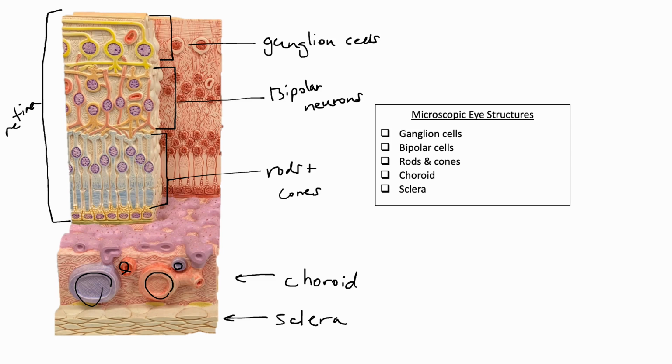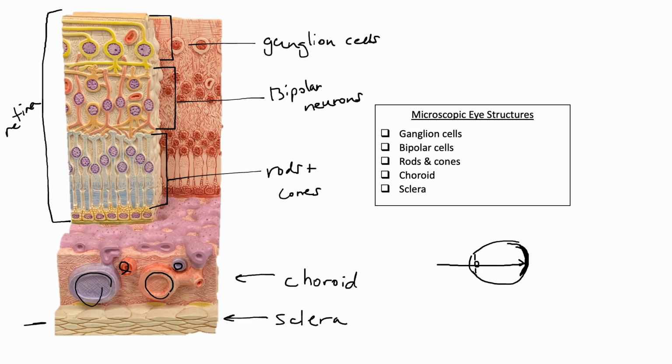Now, if you remember when we had our eye, if this is the pupil, and we have the iris and we have the cornea, and that's not a very good eye, but if that's the eyeball, and this is the back of the eye that we're looking at, the sclera would be the outer layer. So light has to come through the pupil to the back.